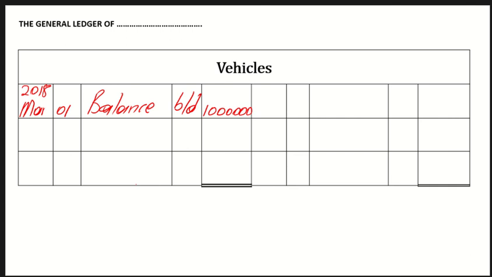Guys, if the adjustment says we bought a vehicle worth 500,000 rand during the year, what do you conclude? What can you assume? The balance that you are given, will it be the closing balance or will it be the opening balance?